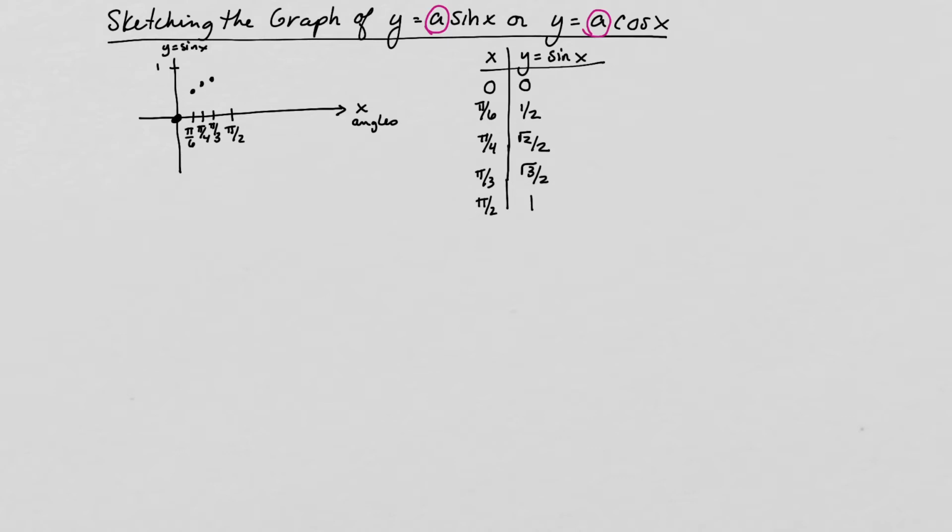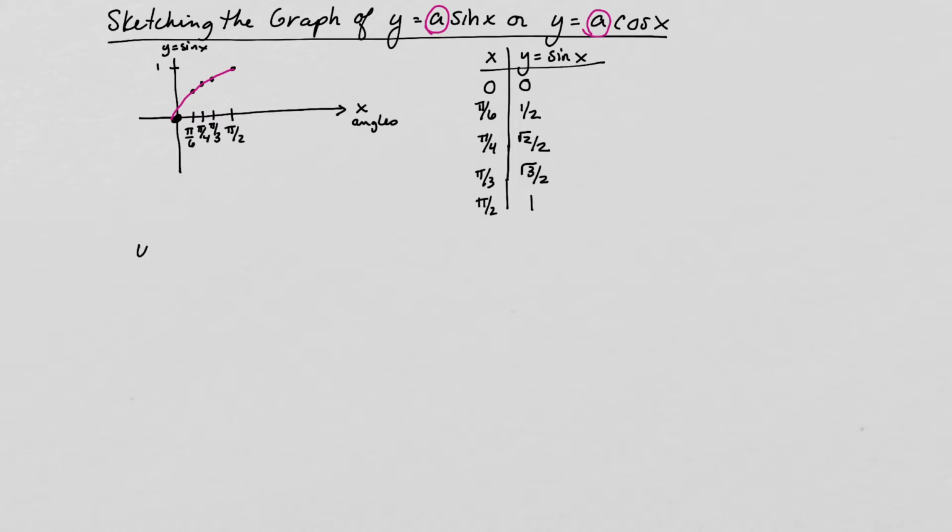And then we have pi over 2, 1. So that first part of our curve begins to look like this, and that is actually what happens with the sine graph.